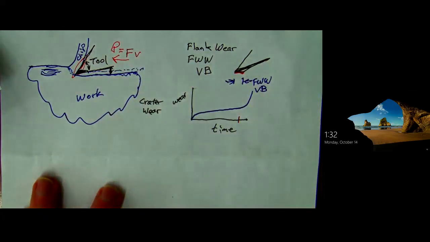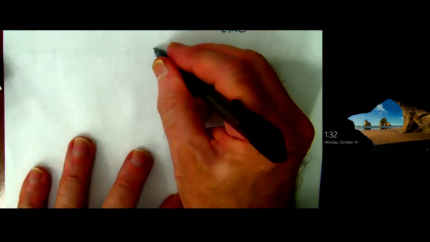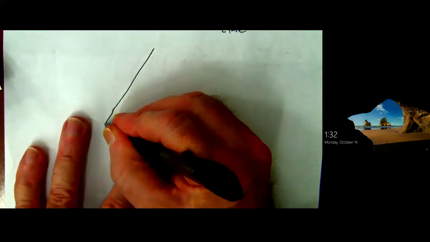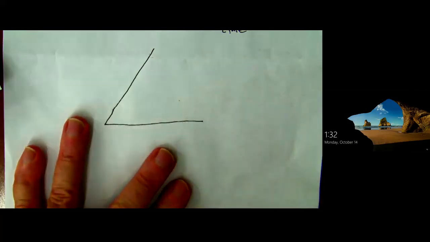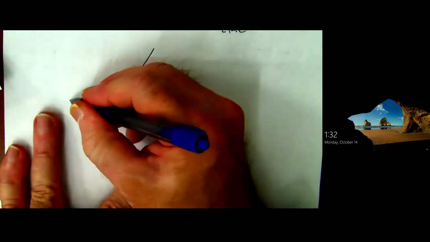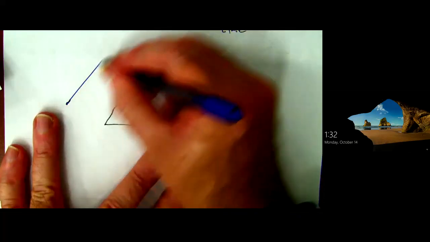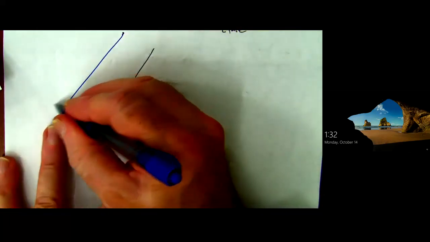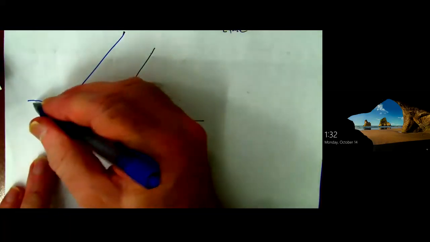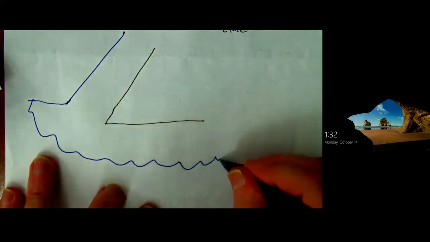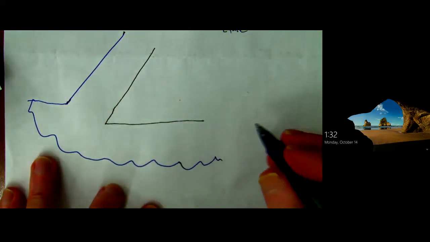So let me redraw that. That one's too small here. Let me redraw a big tool. Okay? And so my material, and I need to get my shear angle down a little bit. Okay? So here we go. That's my workpiece.